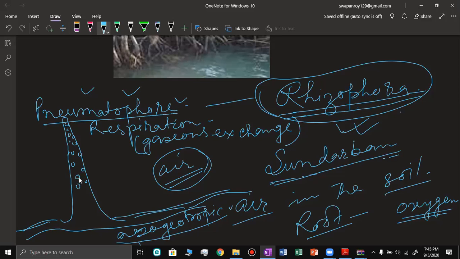These pores are the site through which the gas is exchanged, that is, the plant takes oxygen. These are known as pneumatophore or breathing root or respiratory root.